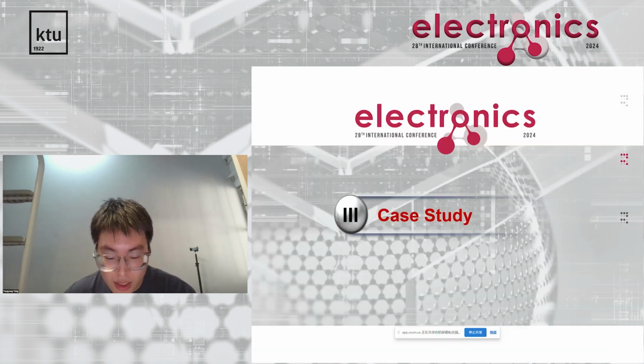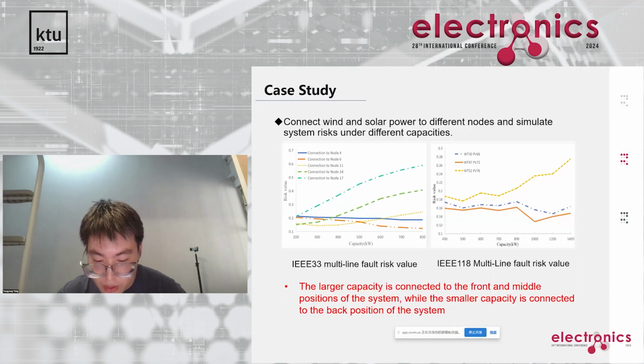Part 3, case study. On this page, we discuss two components of risk assessment: evaluation metrics and evaluation methods. Firstly, the evaluation indicators include voltage violations, power flow violations, and load shedding. Next is the evaluation method.